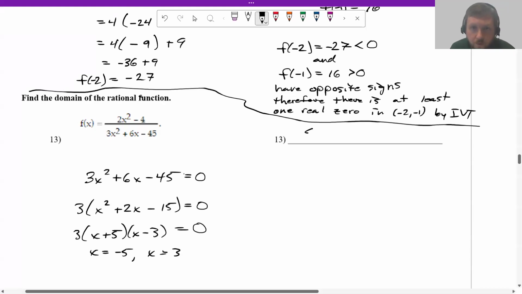So we can write it in set builder notation like this.